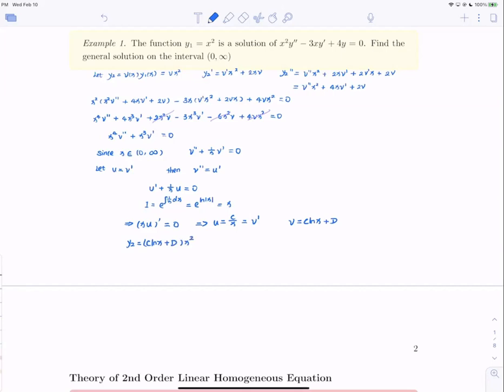Your general solution is c1 x squared plus c2 times that. I don't need c2 anymore since I have a few constants already. So it's (c ln x plus d) x squared. That's your final general solution. Any questions?